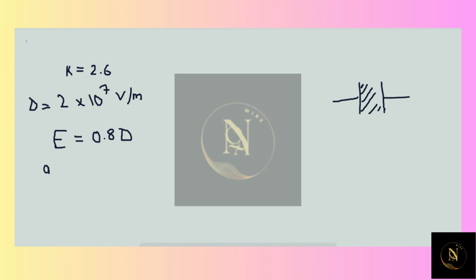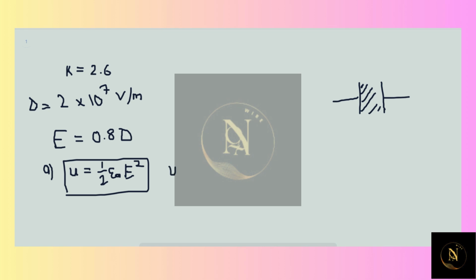For the first part, since we are required to find the energy density, as we already know, the energy density, small u, is given by half times epsilon naught times E square. So that's the formula for the energy density. Now we already know the value of epsilon naught, and the electric field is 0.8 times the dielectric strength.